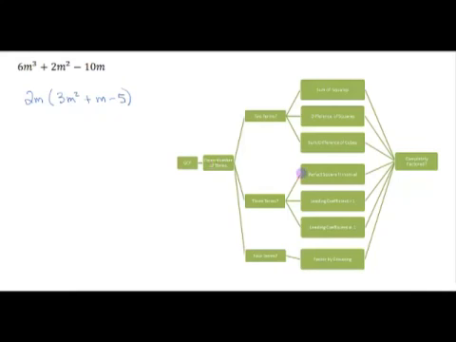It's not a perfect square trinomial, and the leading coefficient is not 1. So I'm going to try and factor this with reverse FOIL. We can only break 3m squared up as 3m and m. Let's try a 5, maybe 5 and a 1.